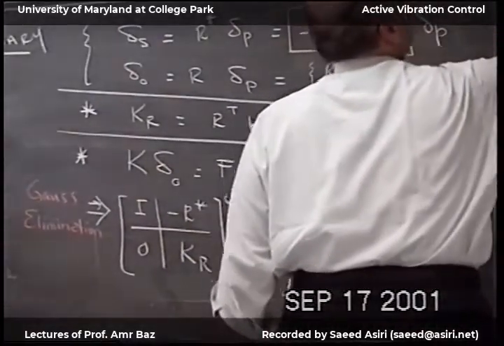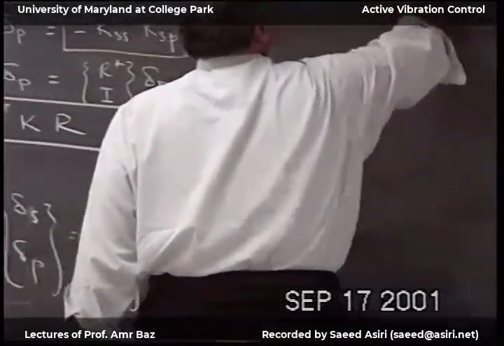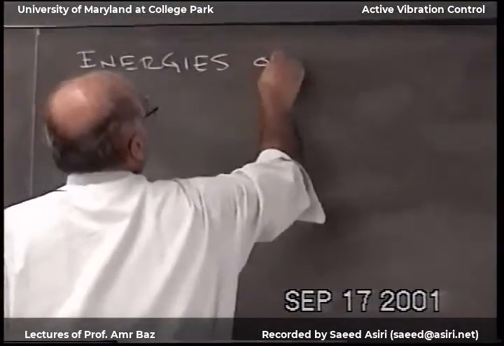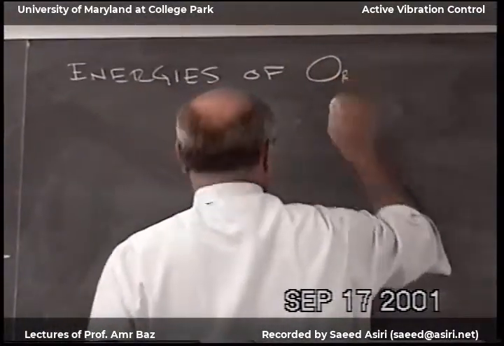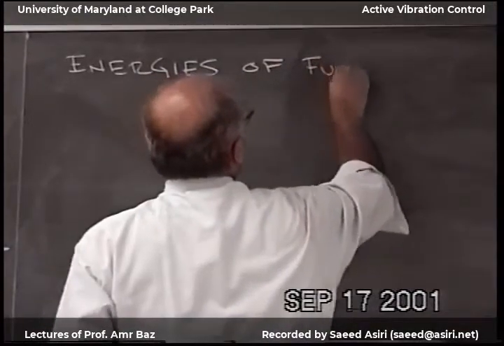Now this note on the energies of the original system, or the full order system, and the reduced order system.